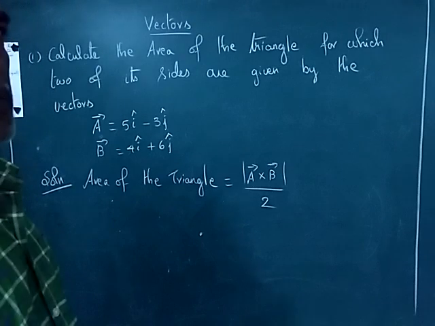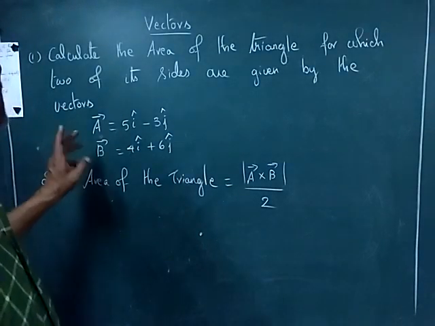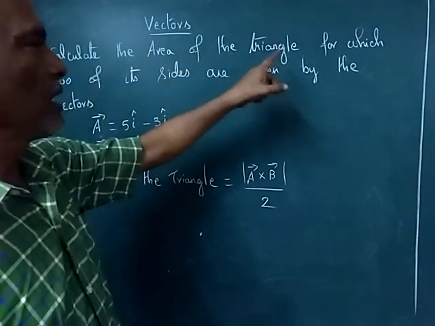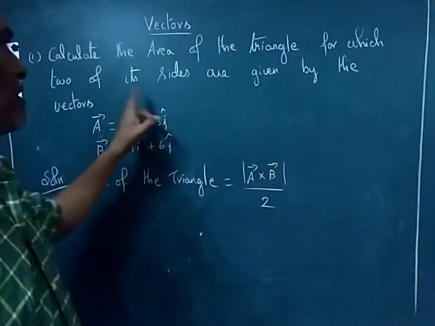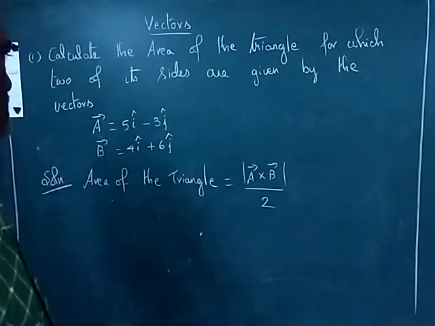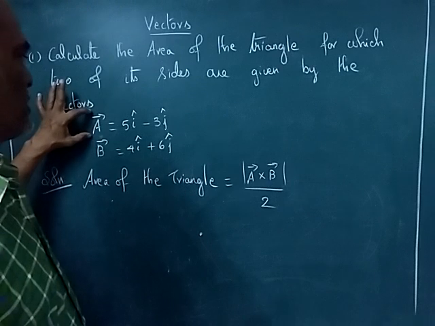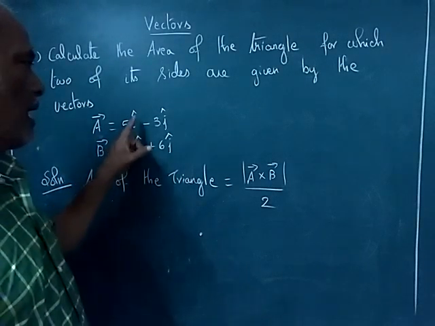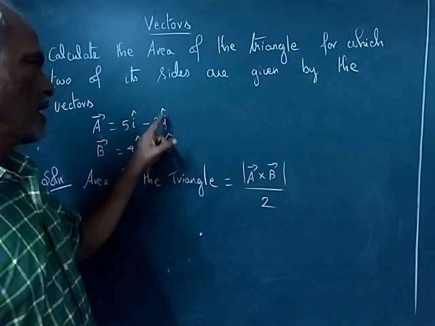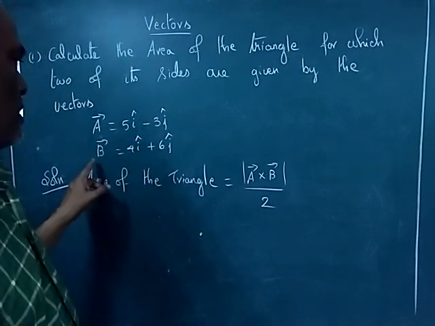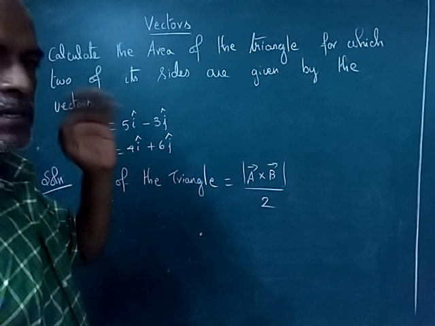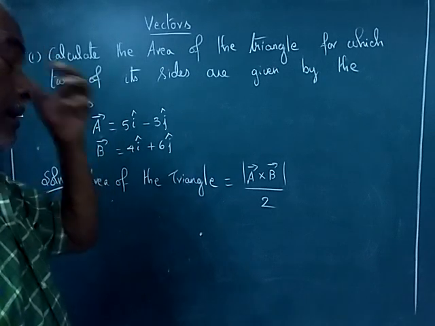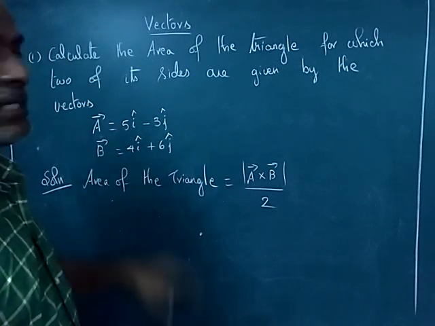using vector method. So the question is, calculate the area of the triangle for which two of its sides are given by the vectors. So the first side is given as a vector equal to 5i cap minus 3j cap, and you don't have anything in k direction because it's area.